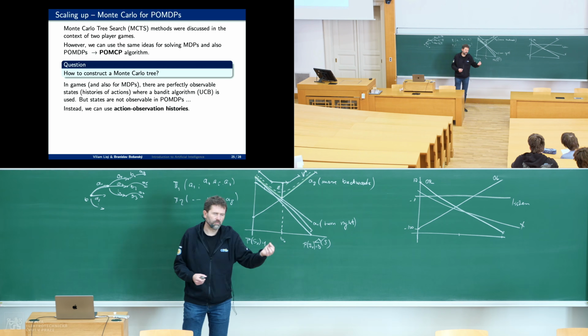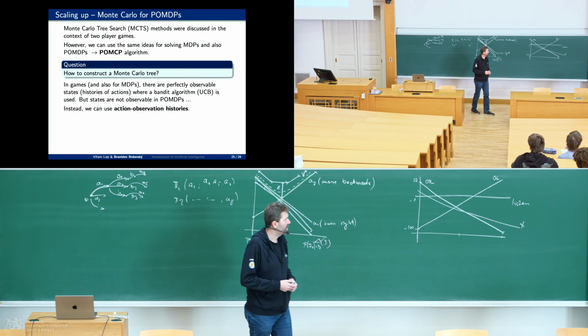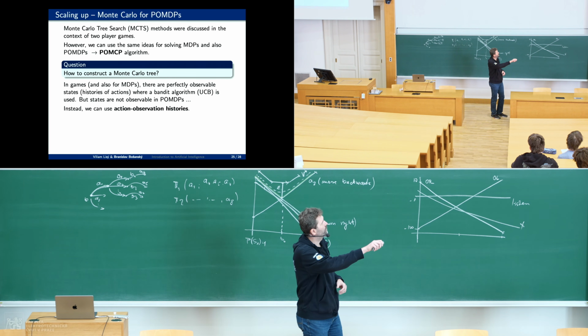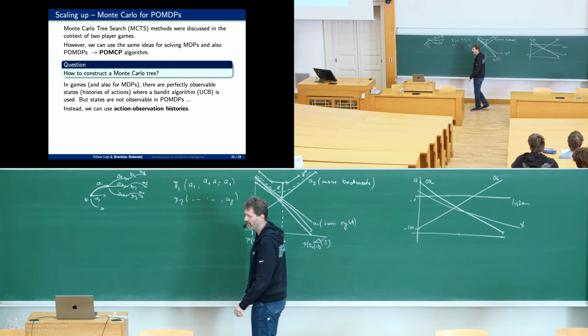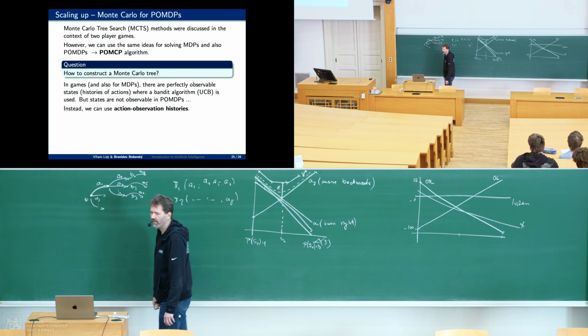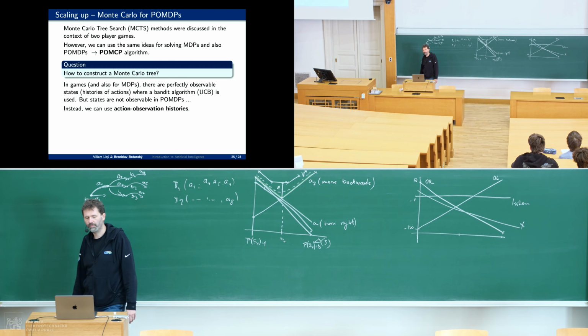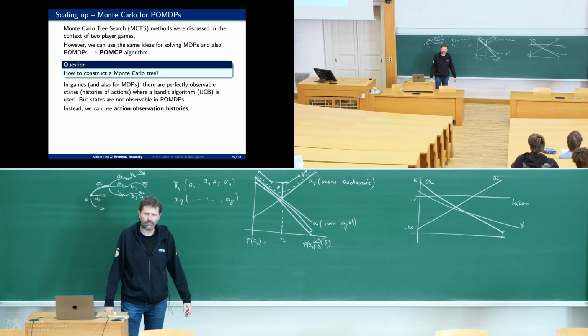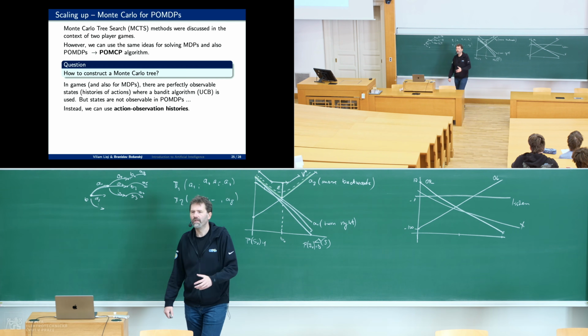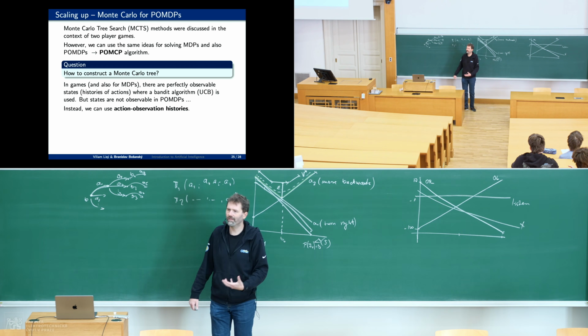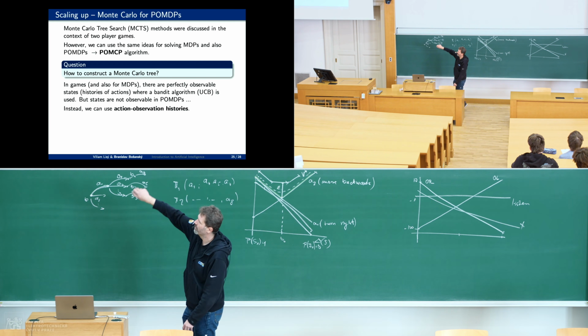We don't know which states we are in, but we know what kind of actions and observations the agent performed, and this is something that we can use to build the tree and apply the same bandits and the same schema of Monte Carlo tree search to a tree that is built using action observation histories.